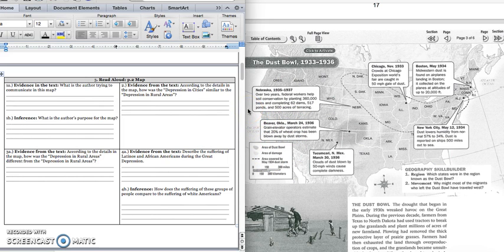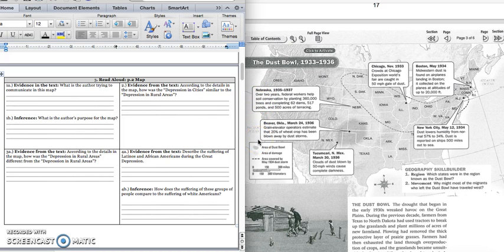Let's go to Nebraska. Over 2 years, federal workers helped soil conservation by planting 360,000 trees and completing 62 dams, 517 ponds, and 500 acres of terracing. All right, so they had to do things to the land to try to repair the land from the dust storms.